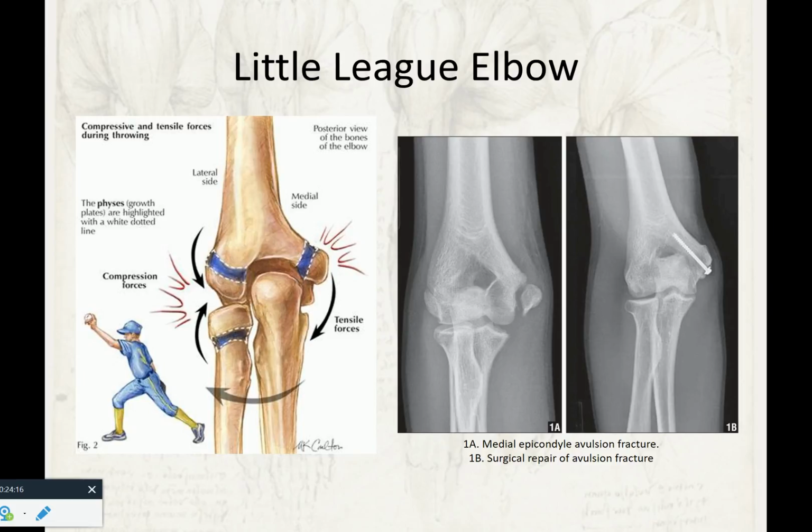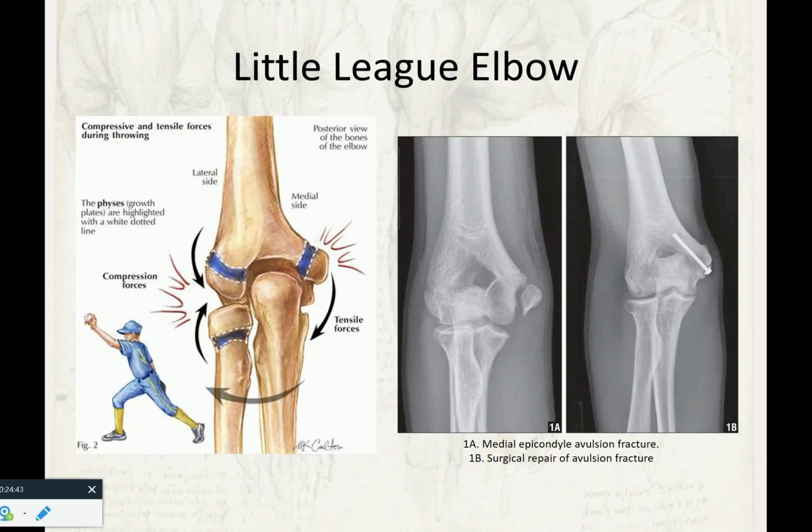If there are tensile forces on the medial side, you can see how the radiocapitellar joint would compress, and they use this nice red explosion image of the compressive forces here, which, if you go back in the lecture, will eventually lead to radiocapitellar chondromalacia and then maybe OCD of the capitulum.